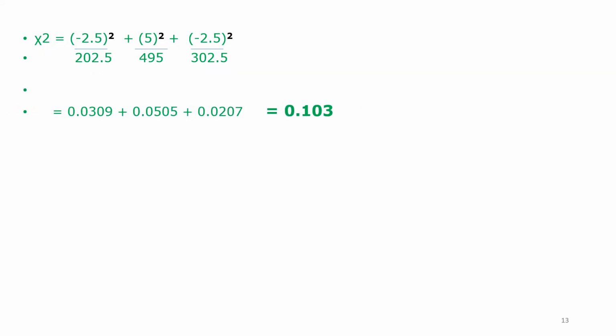So we put our values into this formula. We have minus 2.5 squared plus 5 squared plus minus 2.5 squared, each divided by the expected number of individuals, and if we solve this, we get 0.103.